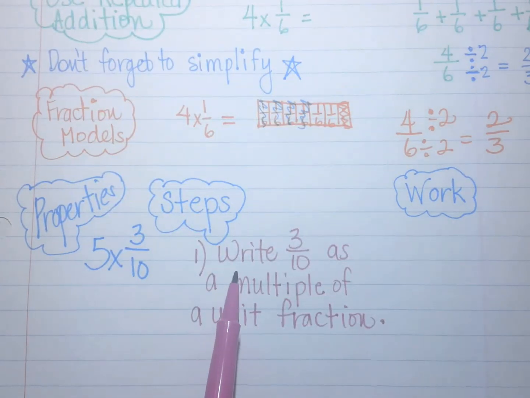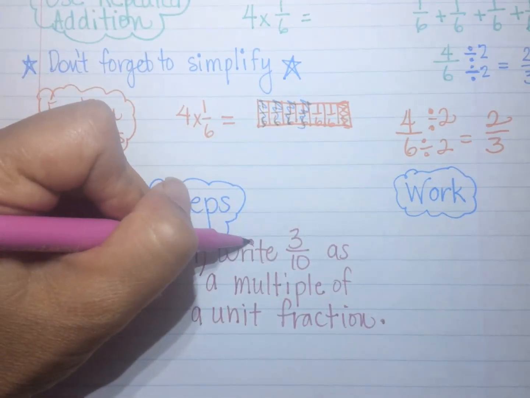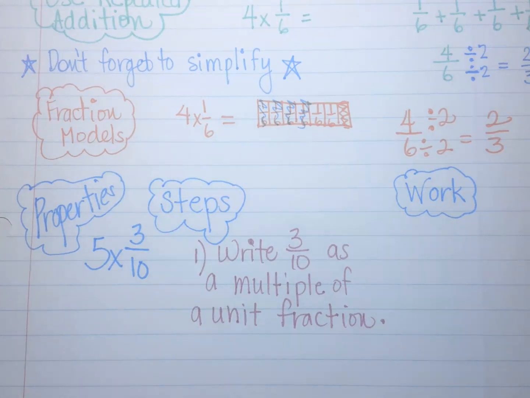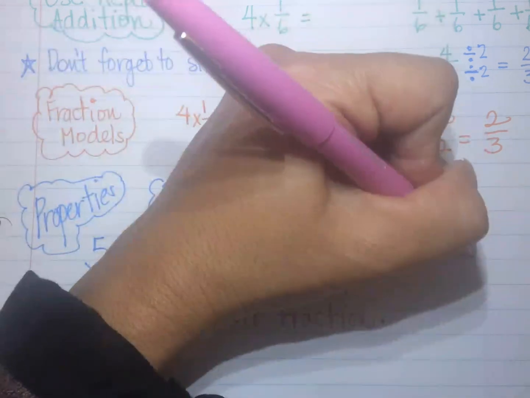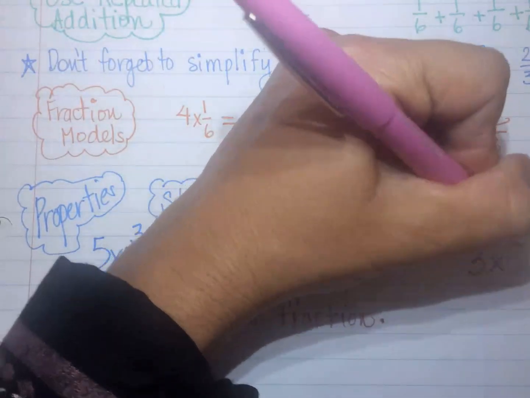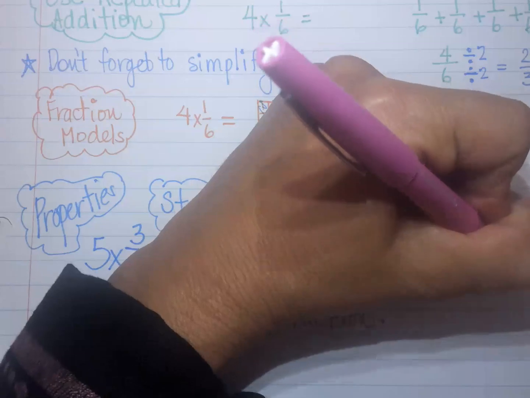Your first step is to write 3/10 as a multiple of a unit fraction. That would mean to write 3 times 1/10.